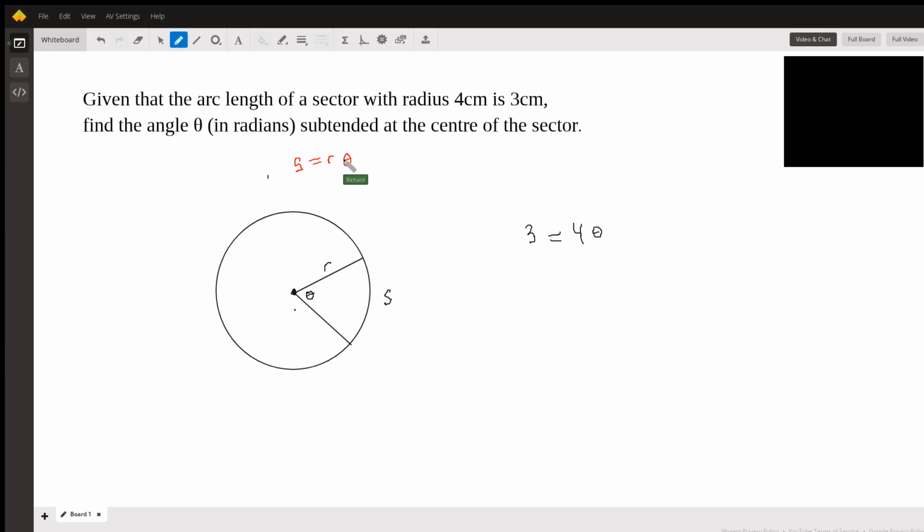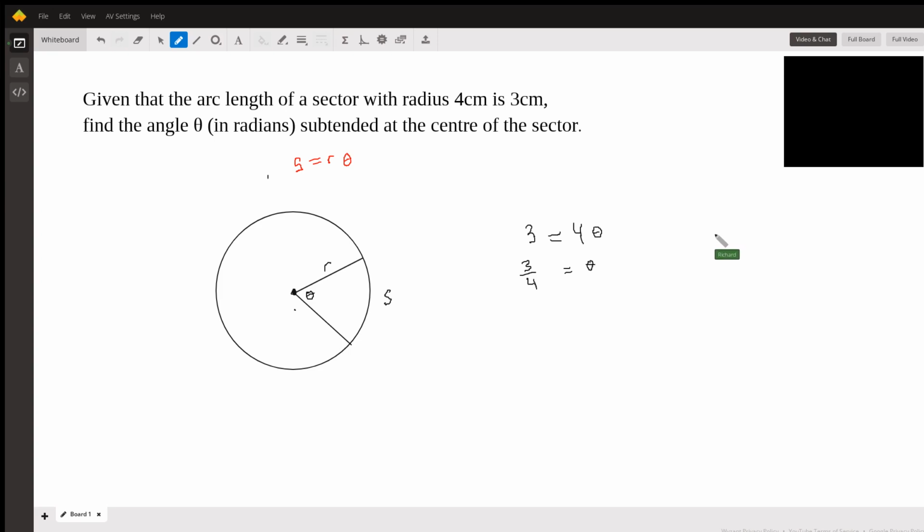I'm just matching this up: theta is theta, r is 4, and the arc length is 3. So the answer is 3/4 radians. And that's all there is to it.